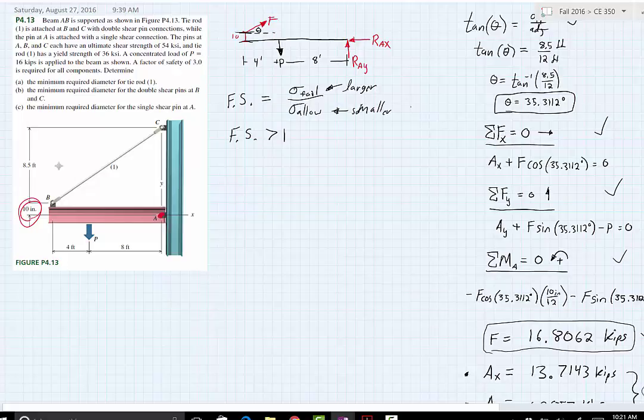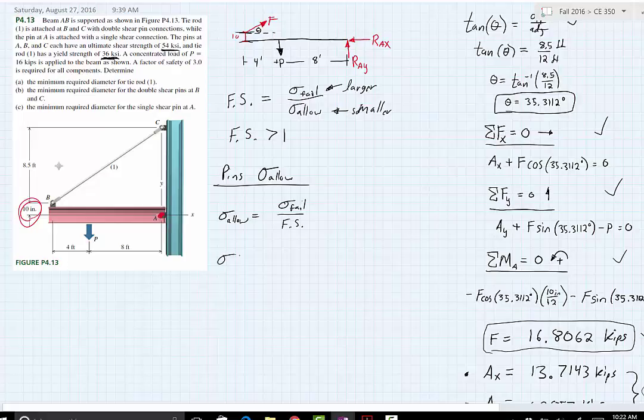Okay, so what we know, given in the problem statement, is that the pins A, B, and C have an ultimate shear strength of 54 KSI. The tie rod has a yield strength of 36 KSI. So for the pins, algebraically solving this for our stress allowable, it is going to equal our stress at failure divided by our factor of safety.